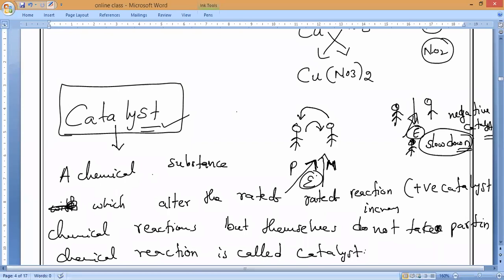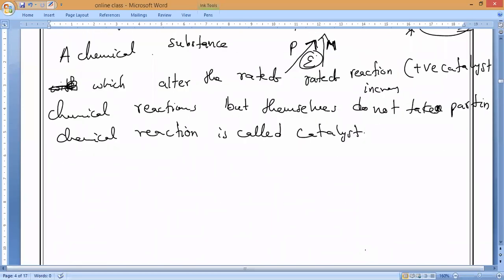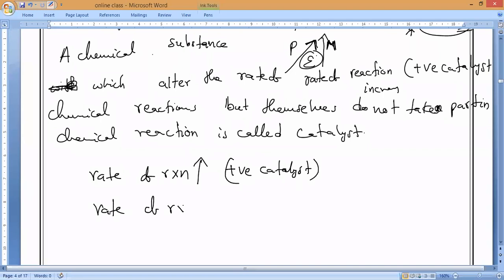If it increases the rate of reaction, it is a positive catalyst. If the rate of reaction decreases, we used to say negative catalyst. Understand?